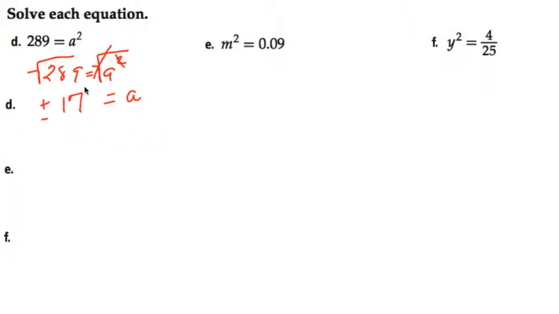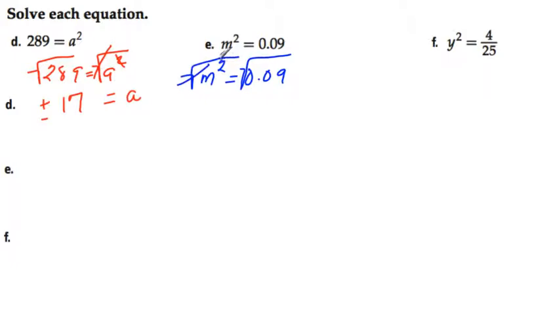All right, how about letter E? Same process on this one, okay? So first thing we want to do is to go ahead and rewrite the equation. I'm going to do this one in a different color. Let's try blue. So we're going to have m squared is equal to 0.09. So we want to take the square root to get rid of the squared, but whatever we do to one side of an equation, we must do to the other.